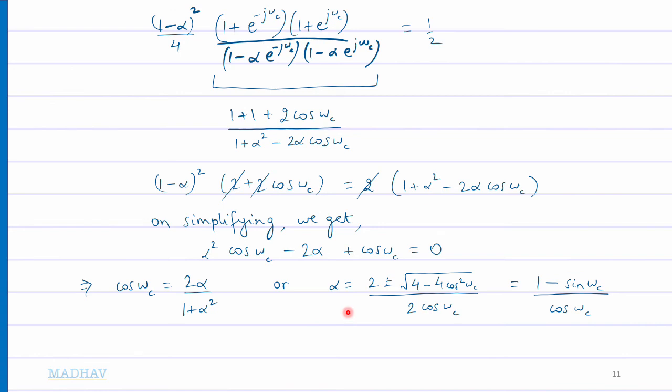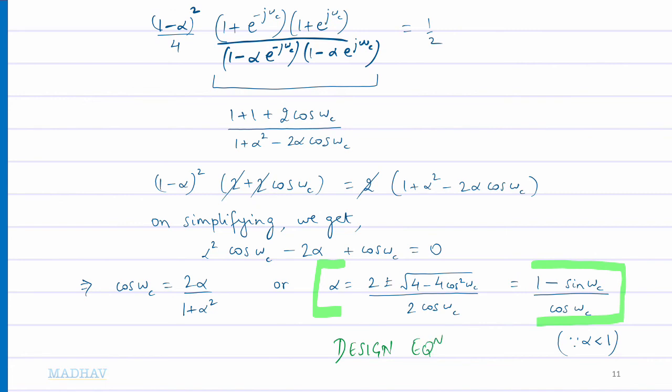To keep the unit circle within the ROC, I should place my pole inside the unit circle. So therefore I took the negative sign only. Now this whole thing is my design equation.